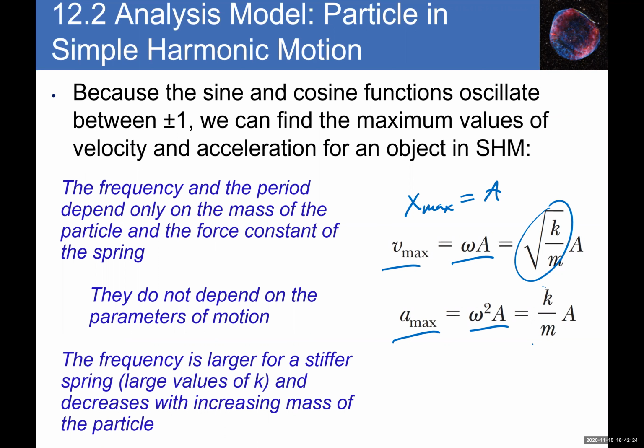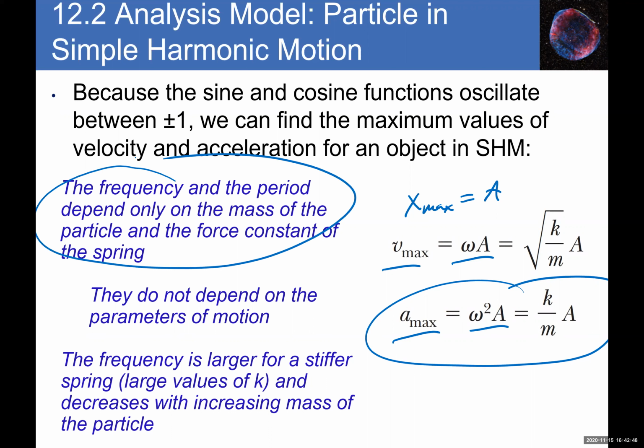And since this is omega squared, it becomes k over m. That means you can also do it in terms of this. I already more or less showed you this, right? A max equals k over m times a, because maximum acceleration occurs only when, let's say, x equals a. But in any case, what we have here is that the frequency and period depend only on the mass of the particle.